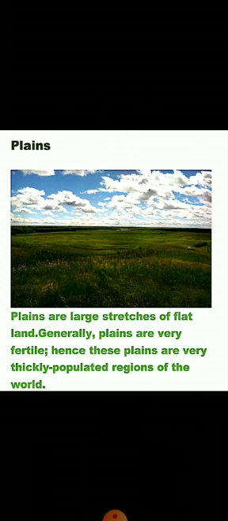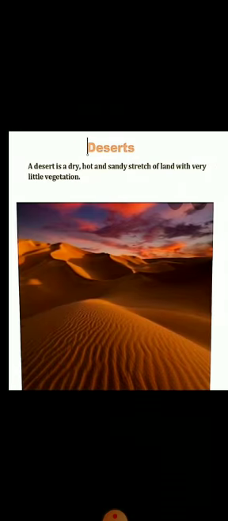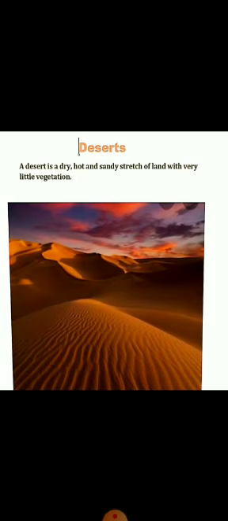Plains may be found along a coast or an island. A coastal plain is a stretch of lowland along a sea coast which slopes towards the sea. After plains, we'll talk about the deserts. What are deserts? Deserts are barren land that receive very little rainfall.